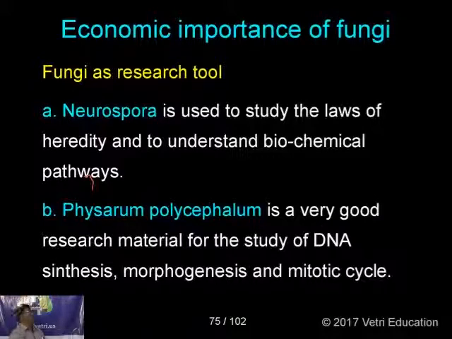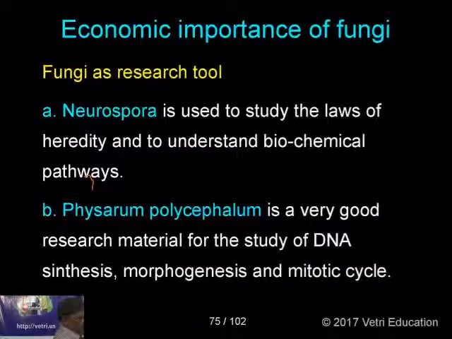Regarding the next one, the fungi as a research tool. Neurospora, generally called the red mold, is used to study the laws of heredity and to understand biochemical pathways. I think the other day I told you already, the one gene, one enzyme hypothesis.